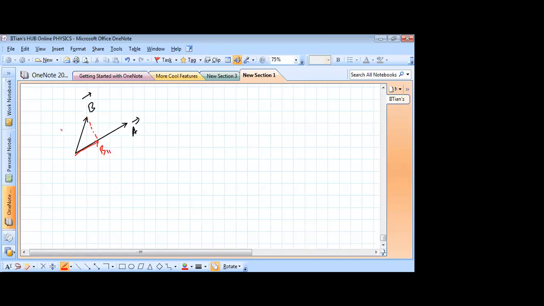And I'm trying to find out this component as a component perpendicular to A. So therefore, naturally, if the angle between A and B is theta, then the parallel component is B cos theta. Now to calculate B cos theta, I use this trick that it is A dot B divided by mod A.